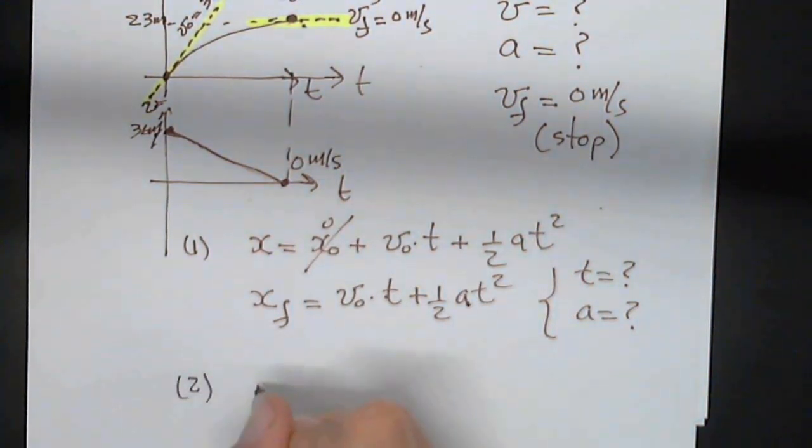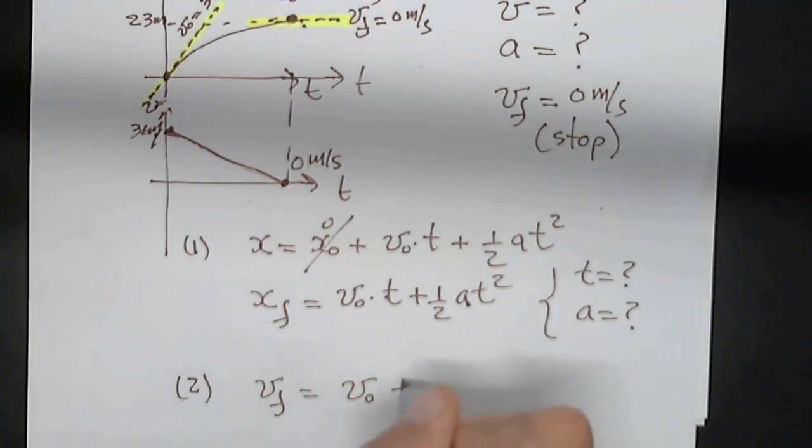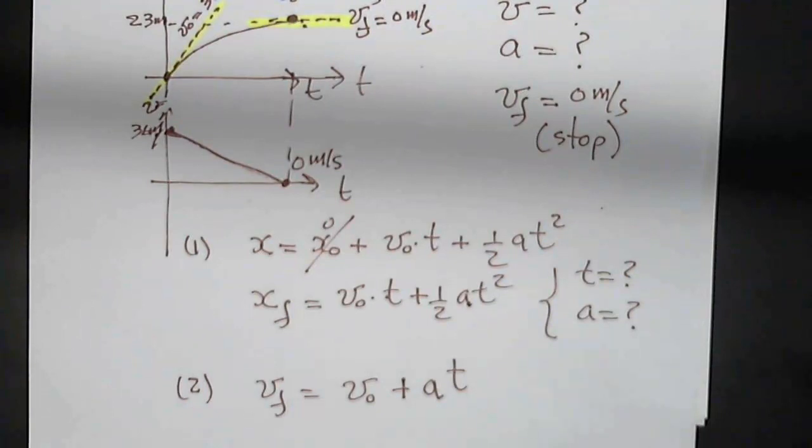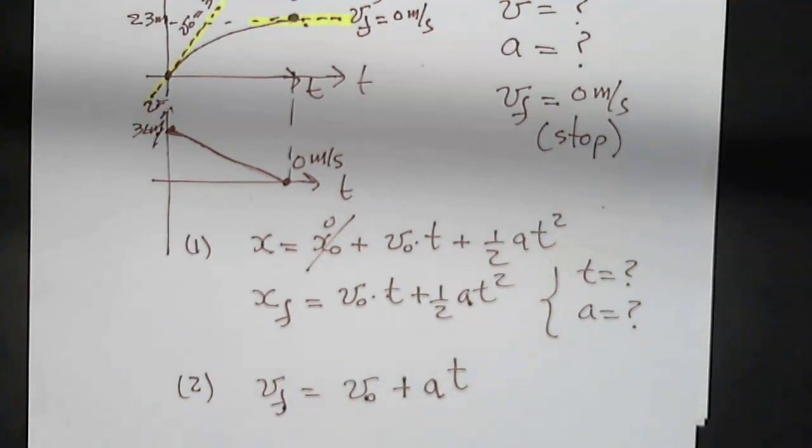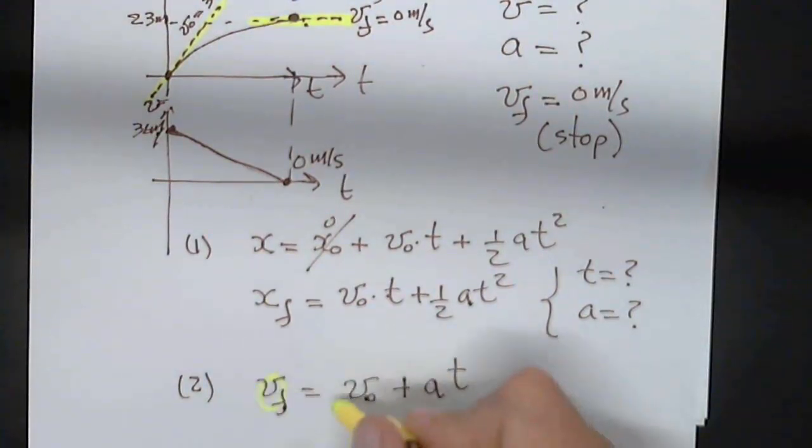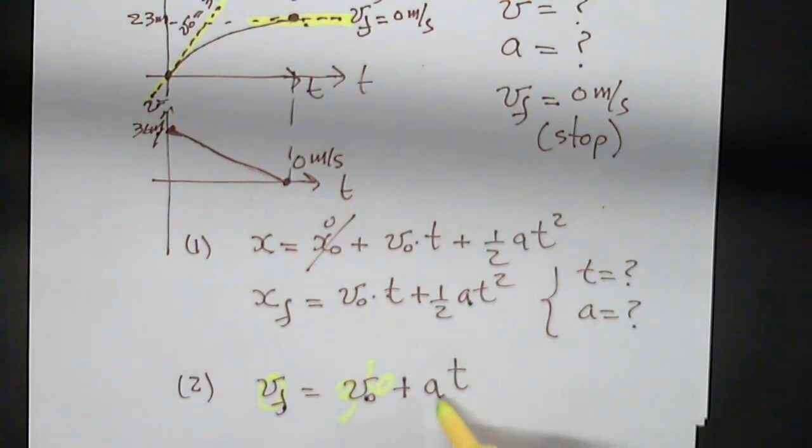The second kinematic equation is Vf equals V naught plus at. And this one we have the same situation. We know the final velocity is 0. The initial velocity is 36. Let's put it over here with the highlighter. This is 0. This is 36. But we don't know what is the acceleration.